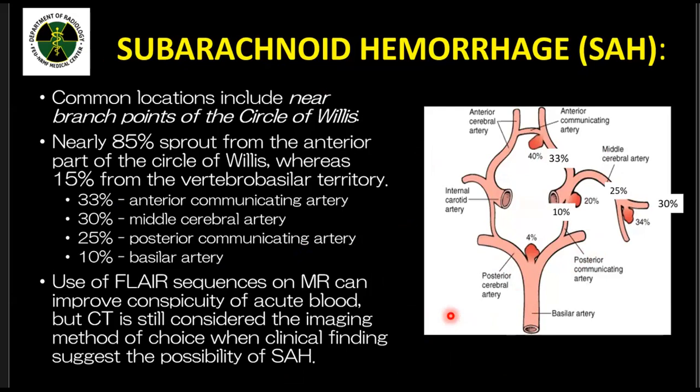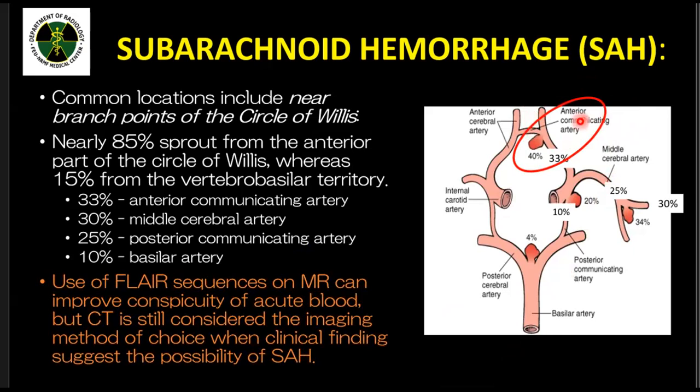The use of the FLAIR sequence on MR can improve conspicuity of acute blood, but CT is still considered the imaging method of choice when clinical findings suggest possible subarachnoid hemorrhage. So remember the anterior communicating artery.